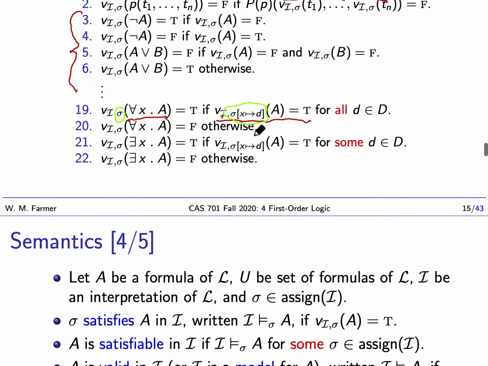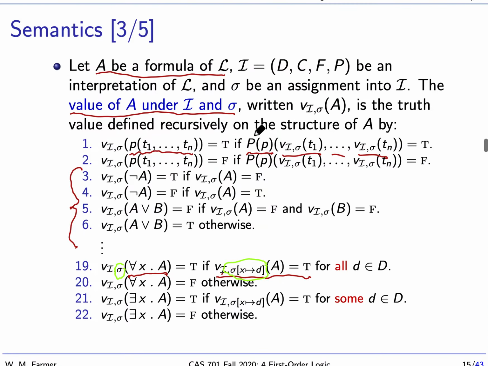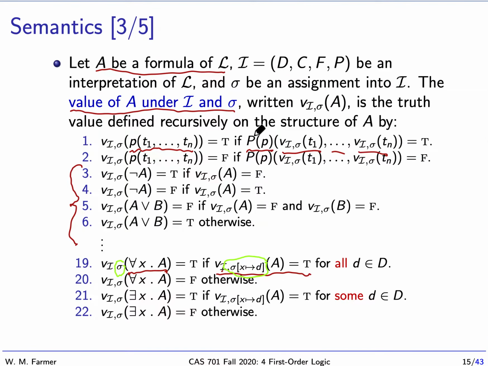So that allows us to define the value of A, where we assign for x the value of d. And if that value of A, when the assignment for x is d, is true for all d, then we say the universal formula is true. Otherwise, it's false.